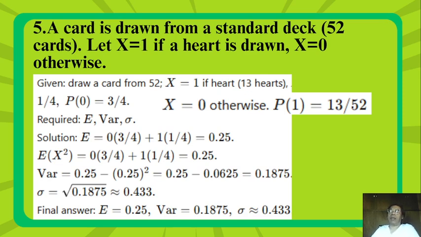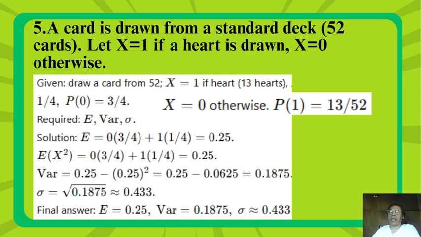And let's obtain the E of X squared. That's equal to 0 times 3 over 4 plus 1 times 1/4, and then equal to 0.25.